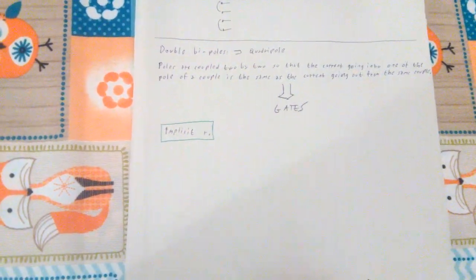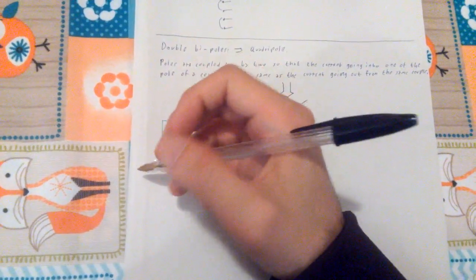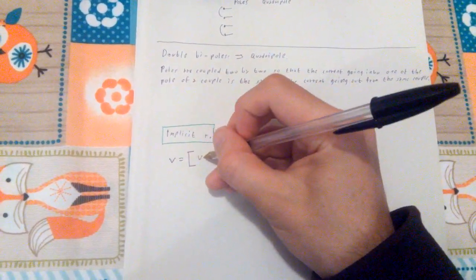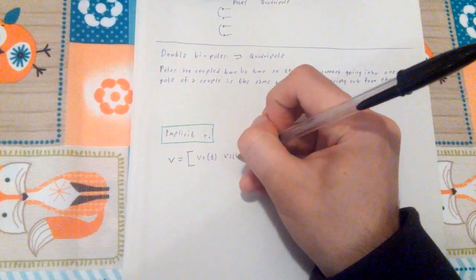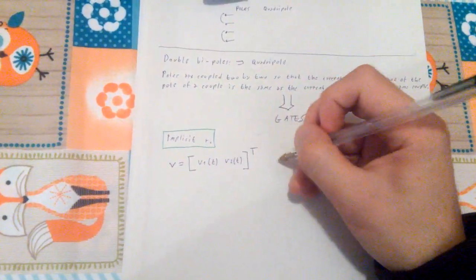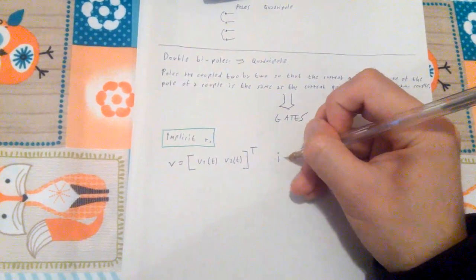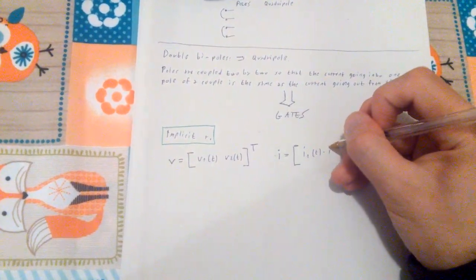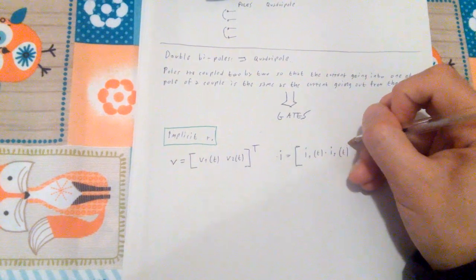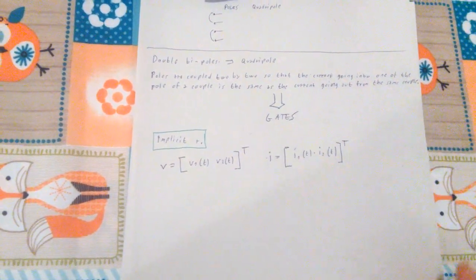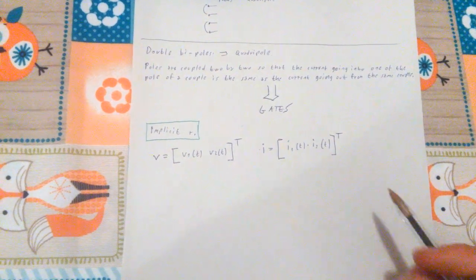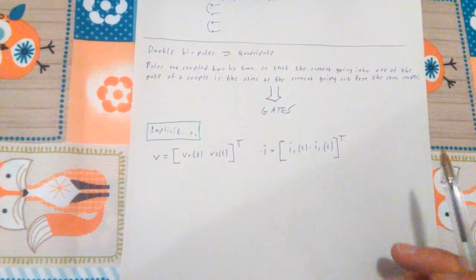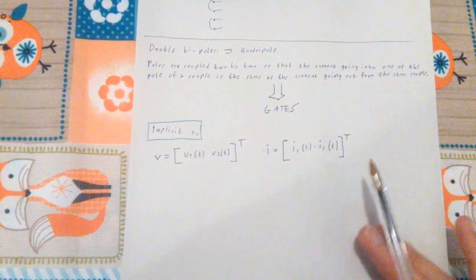The implicit representation says that if we define a couple of vectors, v with v1 of t and v2 of t, and I as I1 of t and I2 of t, in which I didn't actually put the explicit dependency of time, just to keep things simple.